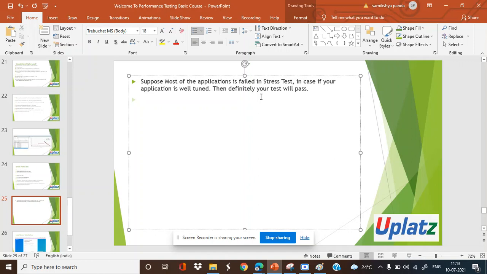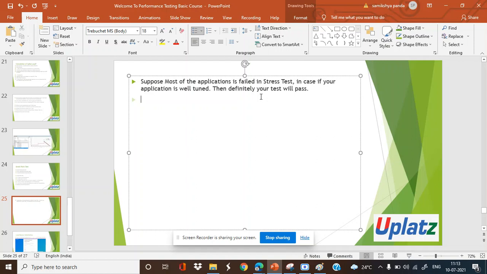Your main objective of stress test is also to meet the expected user load. When you go for stress testing, you test for some higher percentage, like 130% or 150% or 170%, depending on what the client gives.